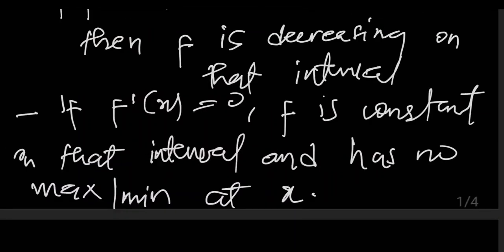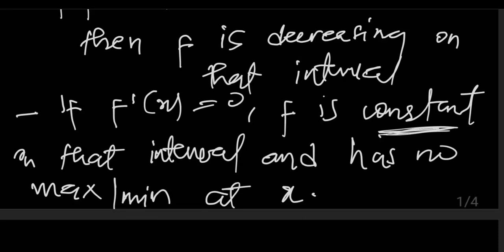And again, for case 3, if the derivative of f is equal to 0, it means that the function is constant on that interval, and it has no maximum or minimum at that constant x.